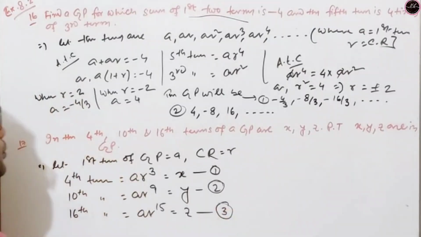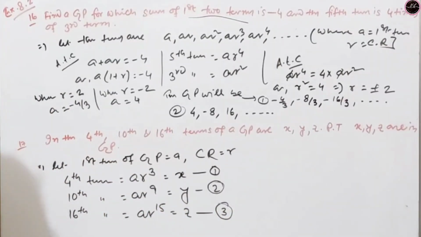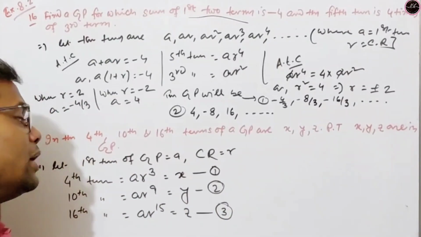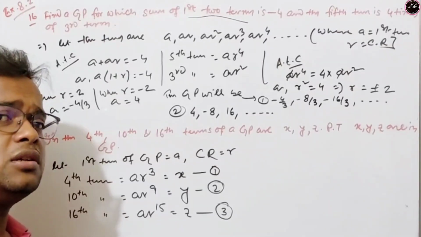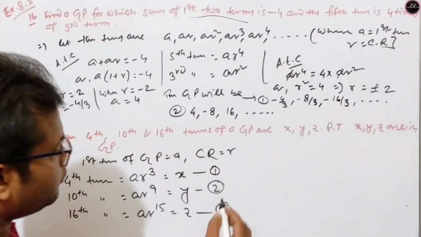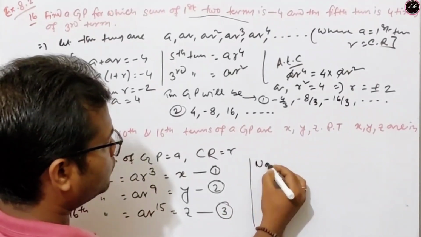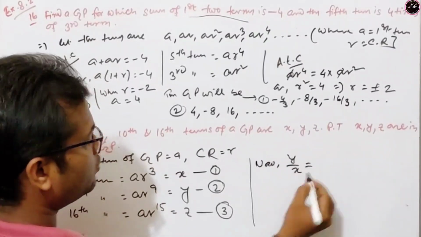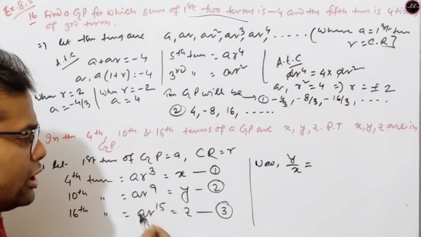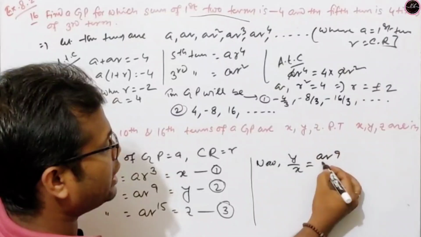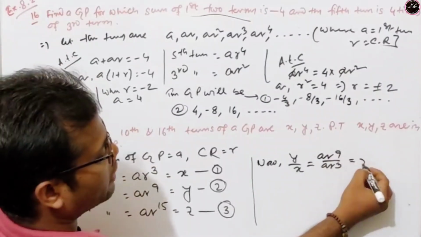Okay. Now look at this. If x, y, z are in GP, then y by x equal to z by y, obviously. So just see. Now y by x equal to, just put the value ar to the power 9 divided by ar cube. So we have r to the power 6.